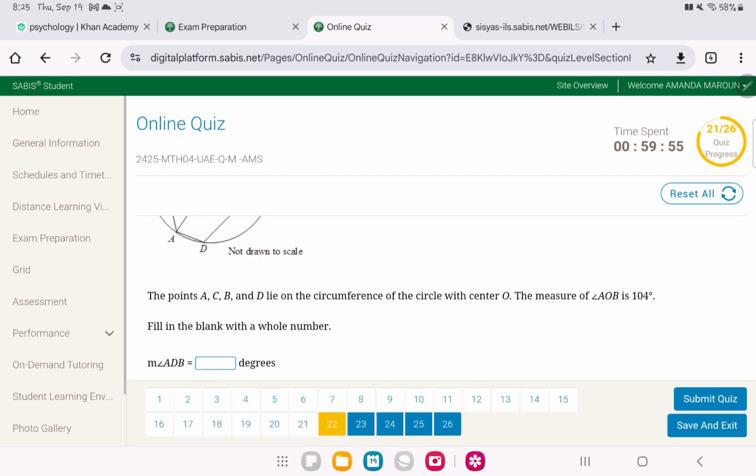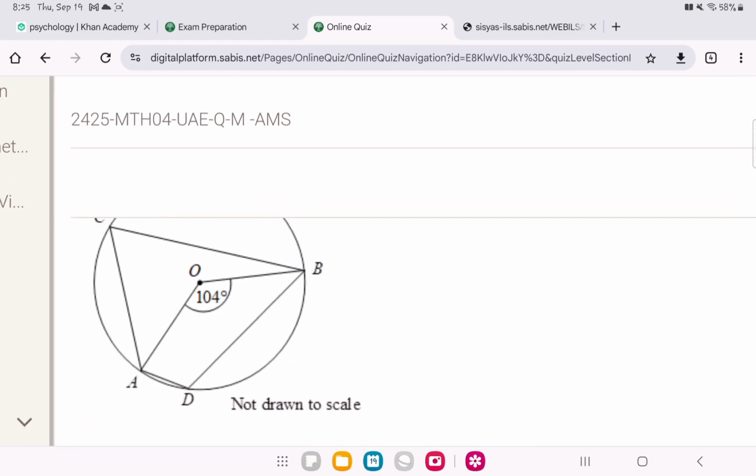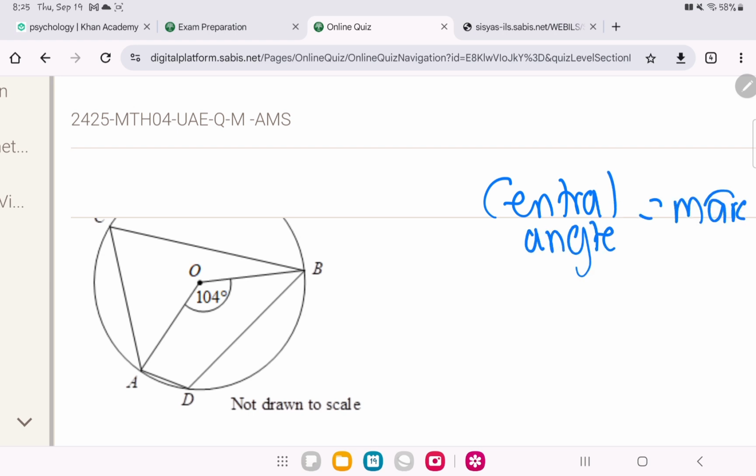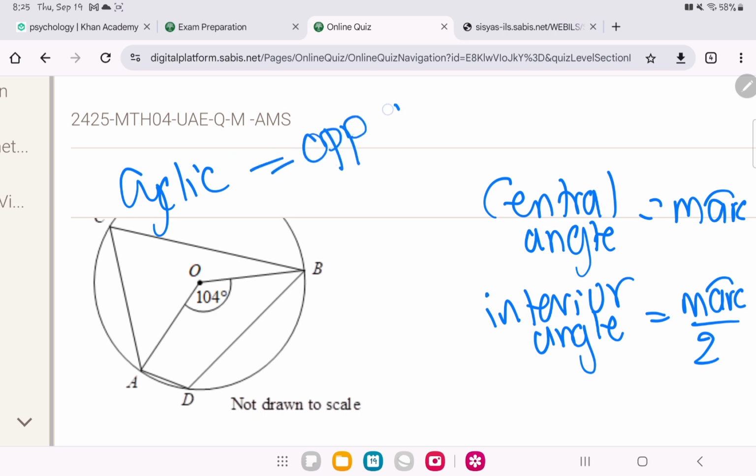Question number 22. This may seem hard, but it's very, very easy. If you remember, okay, central angle is equal to the measure of the arc, and interior angle is equal to the measure of the arc over 2. And we know that in a cyclic quadrilateral, okay, opposite angles are supplementary.